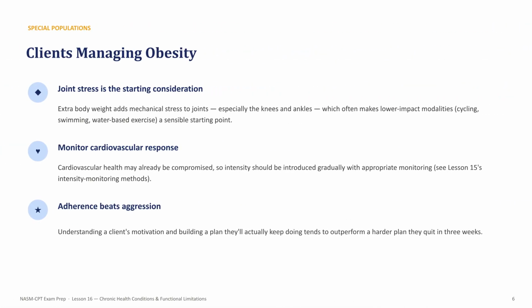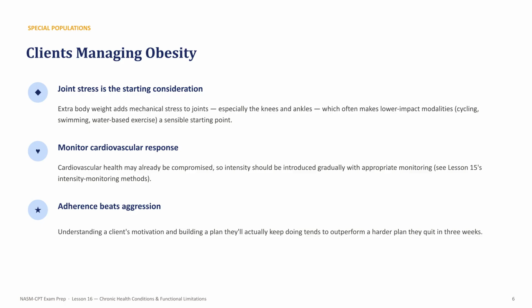Now let's look at clients managing obesity. Joint stress is the starting consideration. Extra body weight adds mechanical stress to joints, especially the knees and ankles. This often makes lower impact modalities, cycling, swimming, water-based exercise, a sensible starting point. Monitor cardiovascular response.